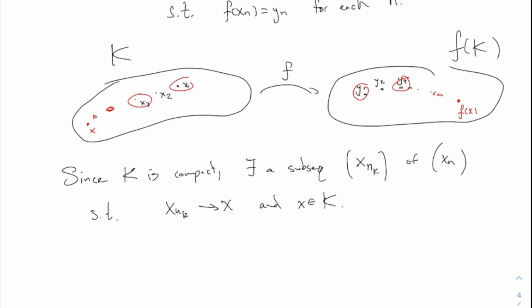x_{n_k} goes to x, and x is in K. Is it actually true that, I wanted to say really, y_{n_k}, which of course is equal to f of x_{n_k}, is it true that the y_{n_k}'s converge to f of x?